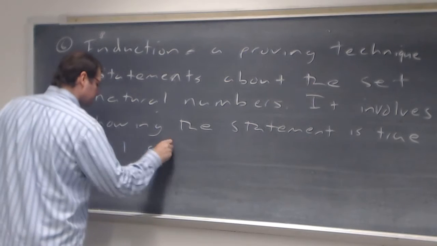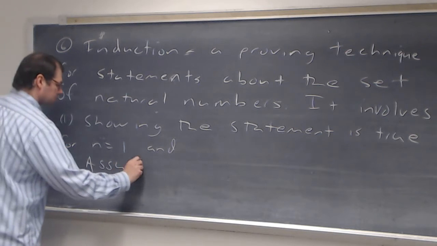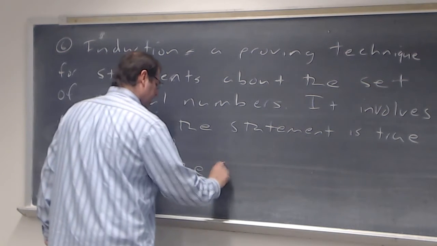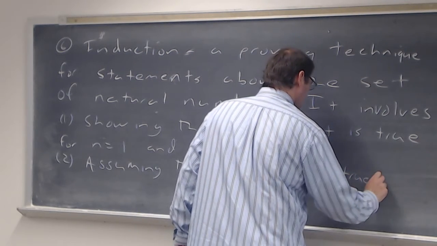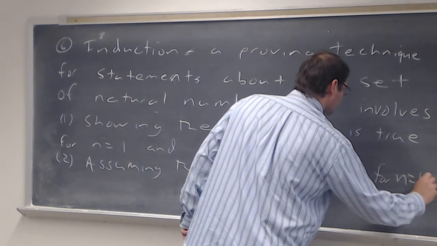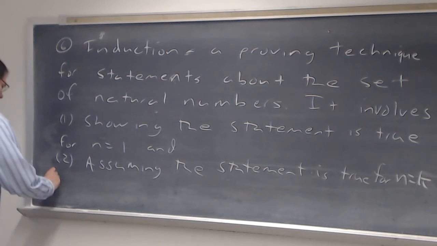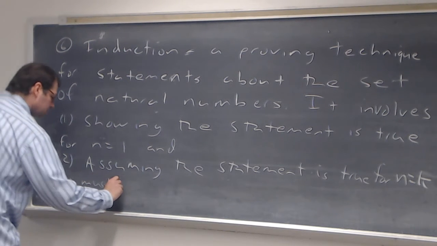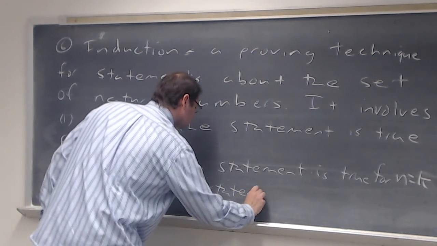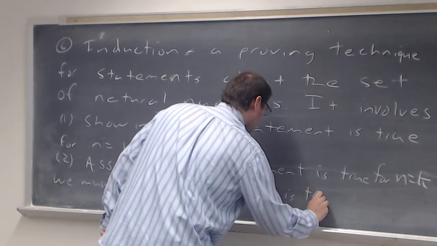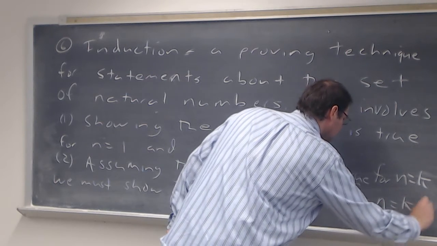And two, assuming the statement is true for n equal to some arbitrarily fixed natural number k, we must show the statement is true for the next natural number, that is k plus 1.